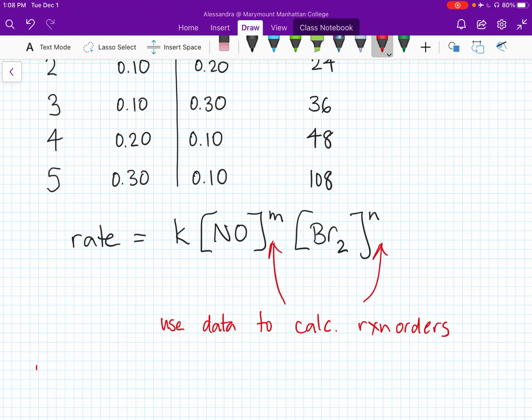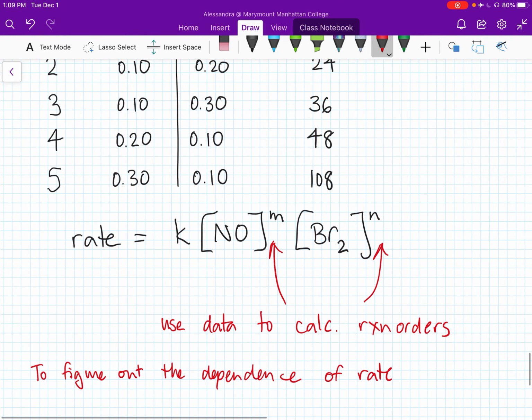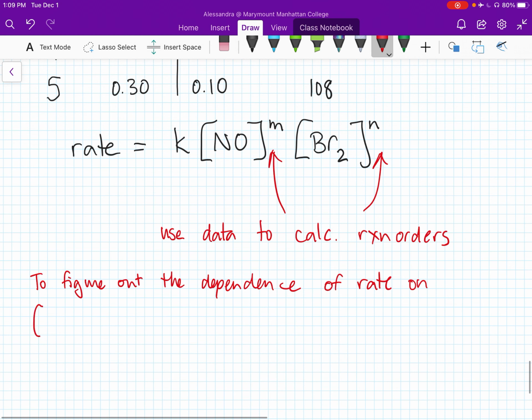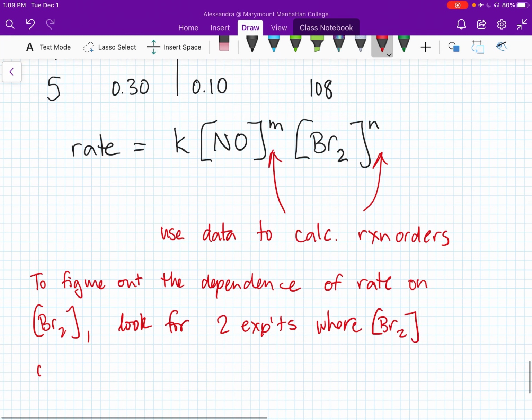So to figure out the dependence of the rate on the concentration of bromine, you look for two experiments where the bromine concentration changes while the concentration of the other reactant, the NO concentration, remains constant.